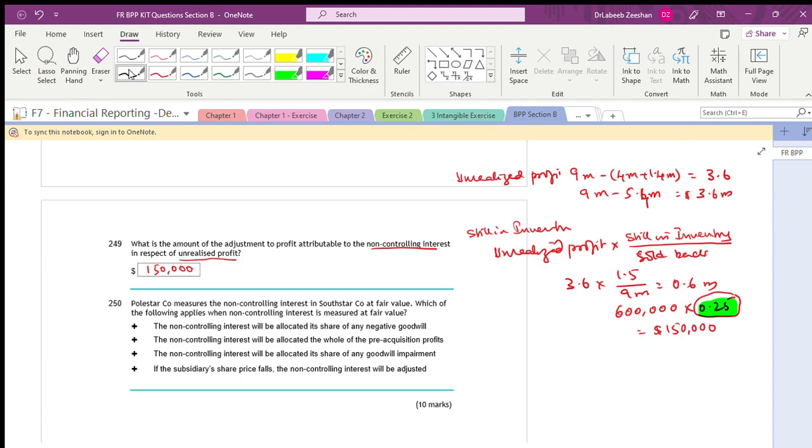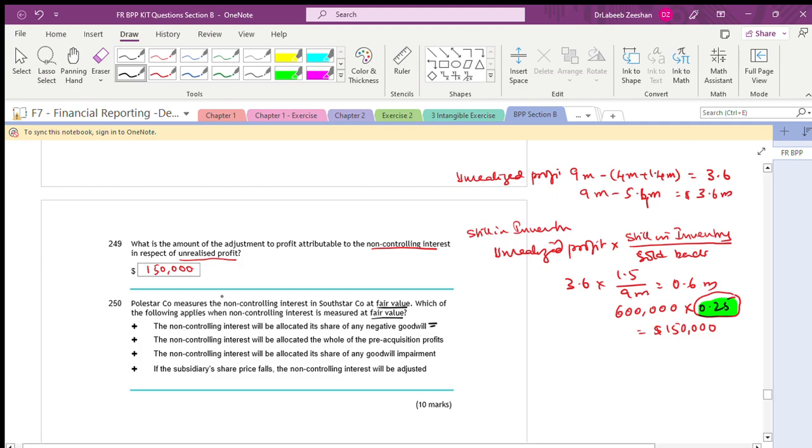Polestar measures the NCI in South Star at fair value. Which of the following applies when NCI is measured at fair value? The NCI will be allocated its share of any negative goodwill.